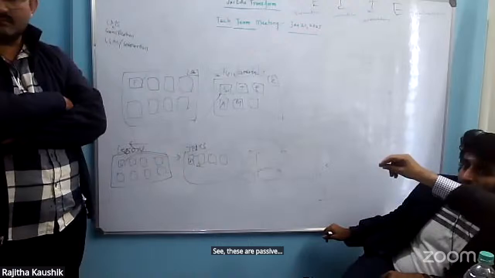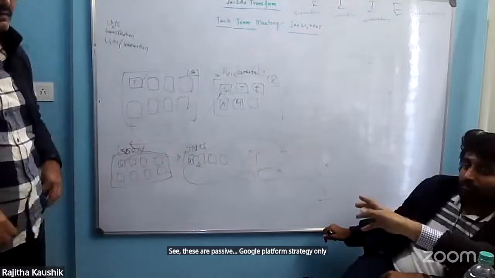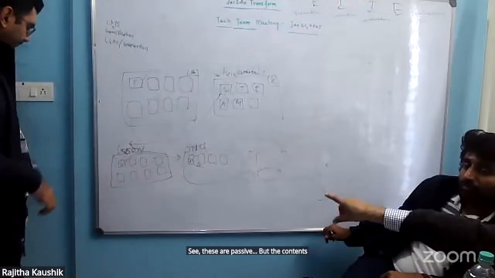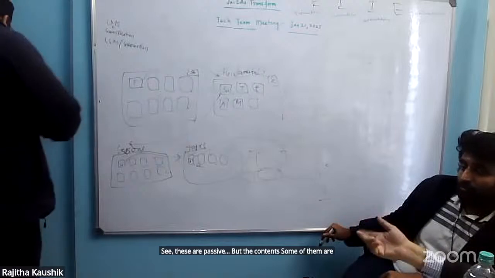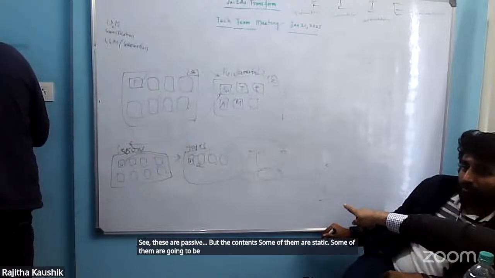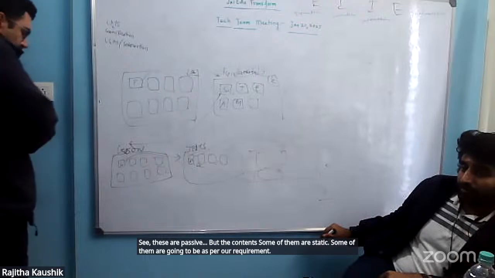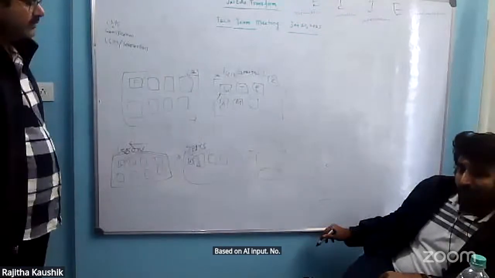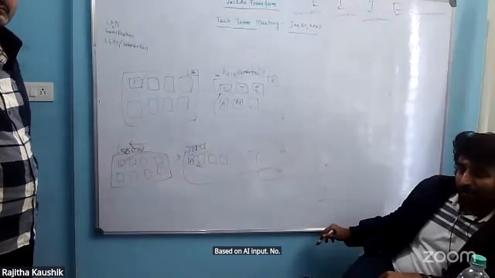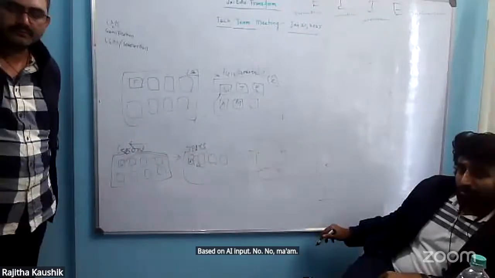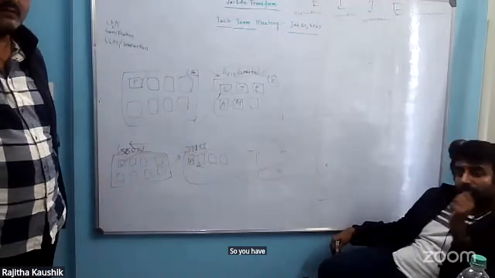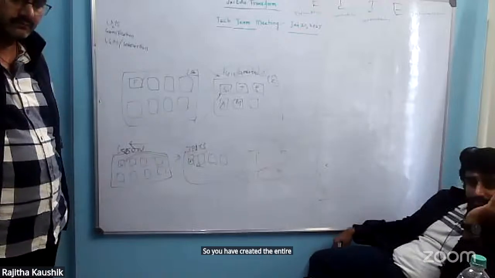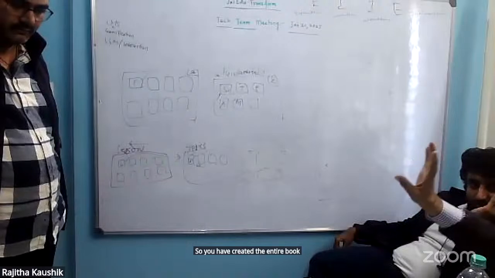Google Classroom is static only, but the contents, some of them are static, some of them are going to be dynamic as per our requirement. How will it be dynamic? Based on AI input. So you have created the entire class, even assessment types, everything is created.